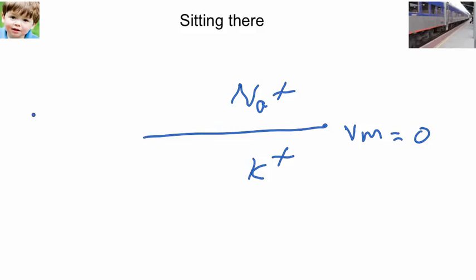So we're just trundling along here on the baseline. Vm equals 0. Very peaceful. Then a little bump comes along in Vm. Something happens to perturb Vm upwards, like that. So Vm is just sort of bumped up.